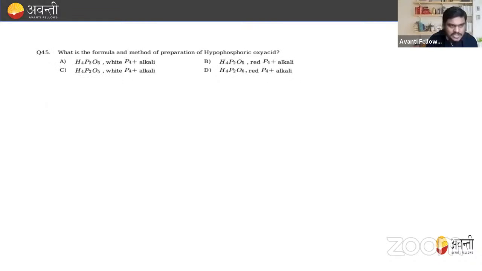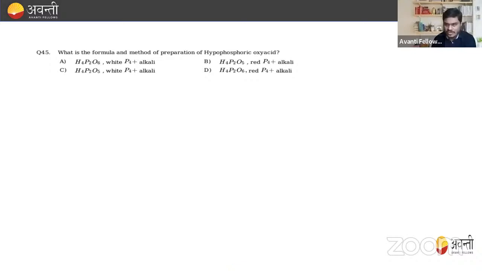Let's move to the next question, question number 45. In this question, what is the formula and the method of preparation of hypophosphoric oxyacid? So these all are oxyacids of phosphorus. Now you have to identify the formula and method of preparation of hypophosphoric acid. How will you prepare this? We know that red phosphorus undergoes a disproportionation reaction.